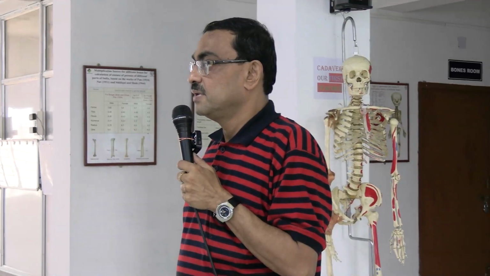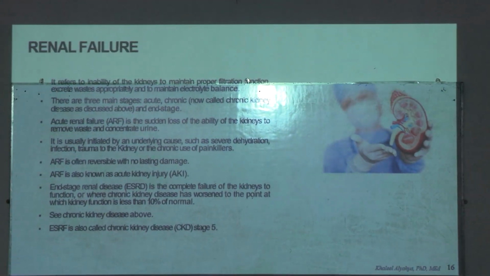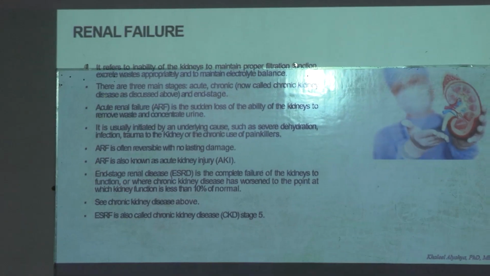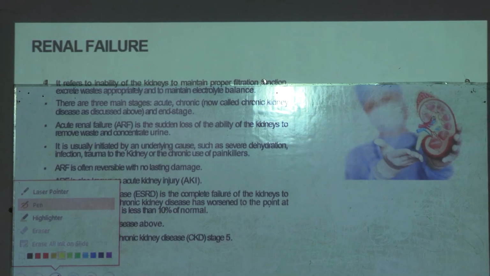Next is glomerulonephritis. You will know in pathology. And the last one is renal failure. In renal failure, the nephrons are getting affected due to any disease, like diabetes or hypertension.